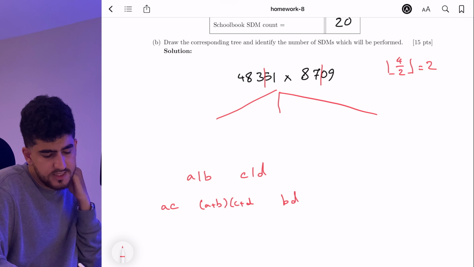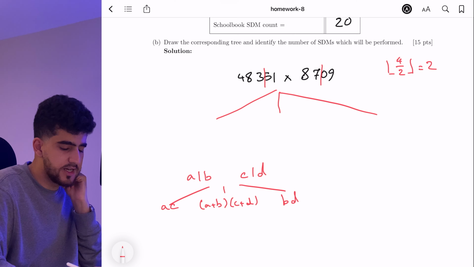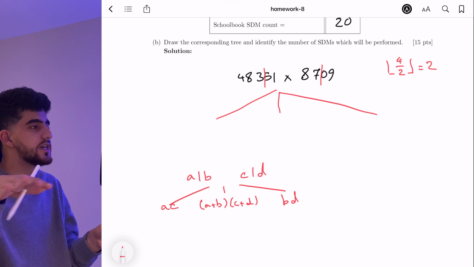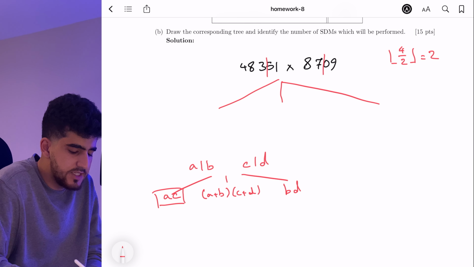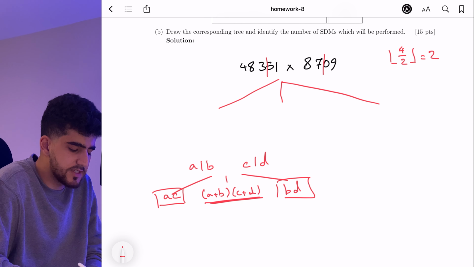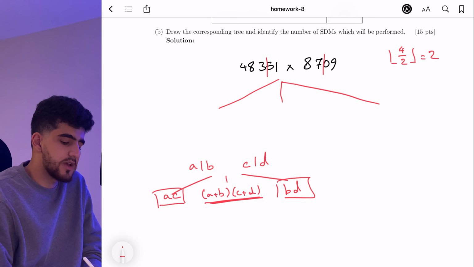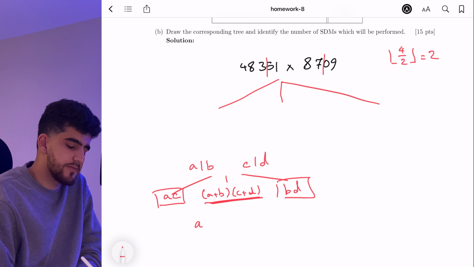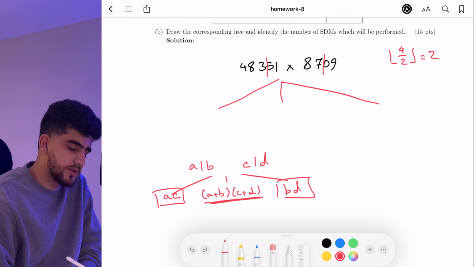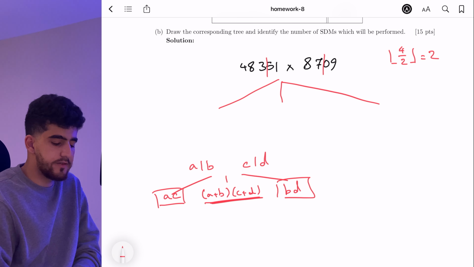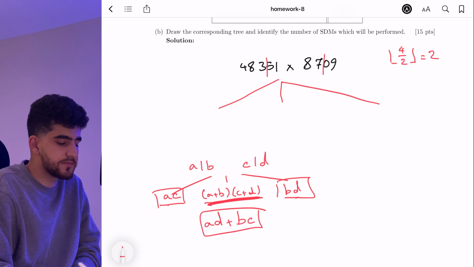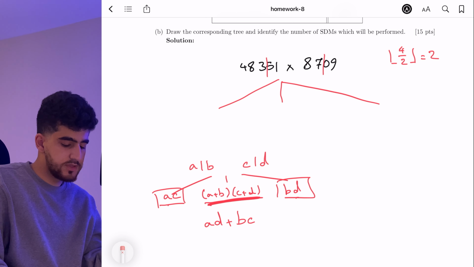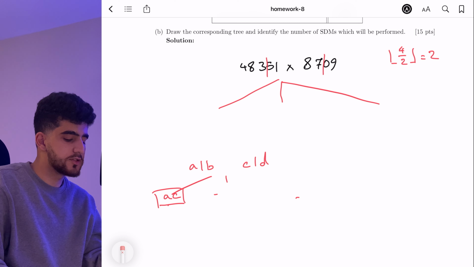We have to call the function with these 3 arguments, because we need AC and BD, and if we calculate this and subtract these 2 values, then we're going to have AD plus BC. Okay, so this was just a flashback to what Karatsuba was.